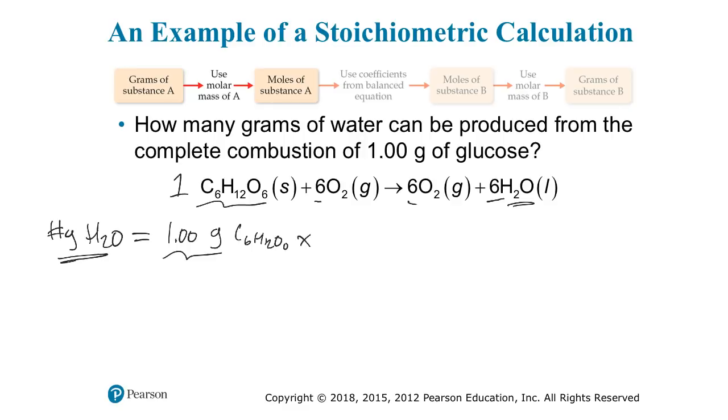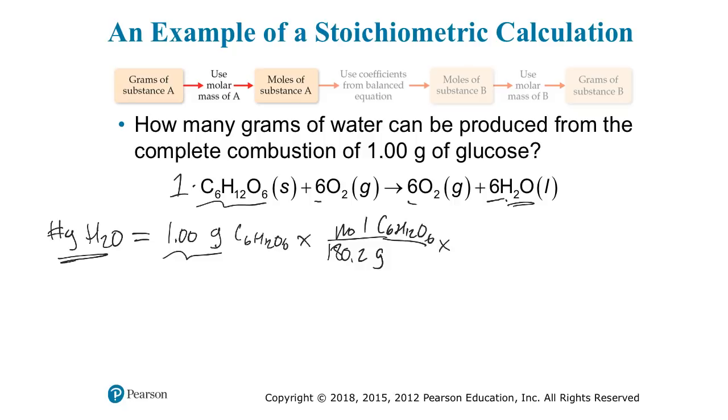If we're going to convert 1 mole to 6 moles, we've got to go from grams to moles of our reactant, so we need to use the molar mass of glucose. That's about 180.2 grams per mole of C6H12O6.